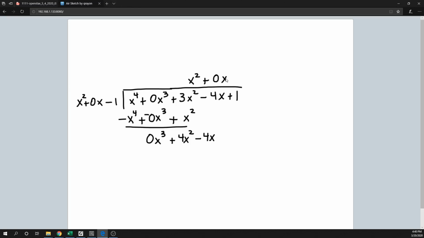When I do this, I just get 0x times 0x squared is going to be 0x cubed. And I get 0x squared. And I get 0, right? Because 0 times minus 1 is 0.